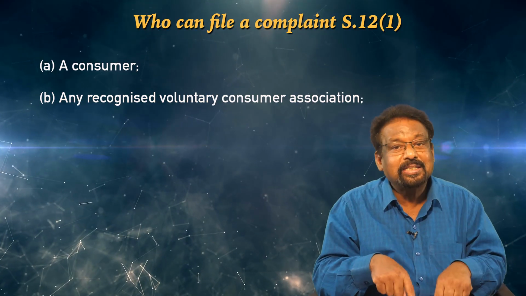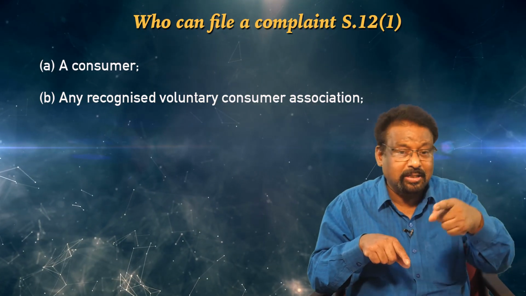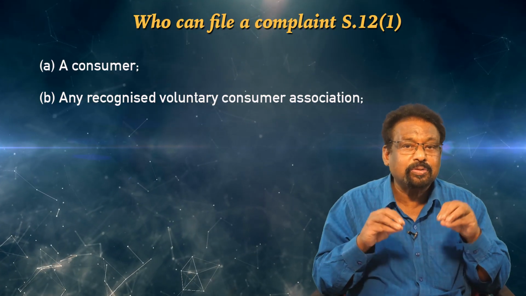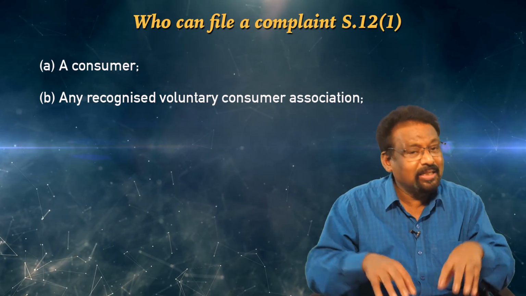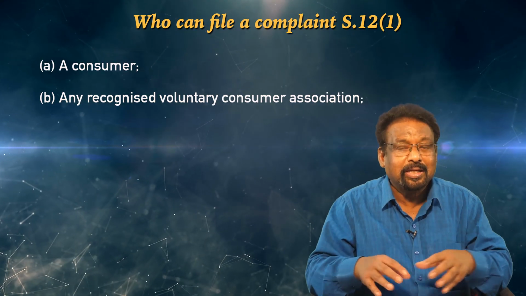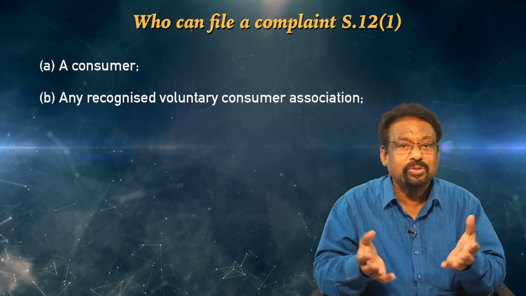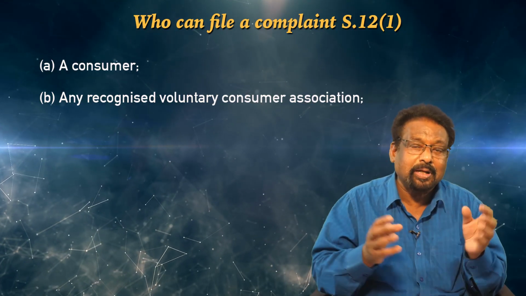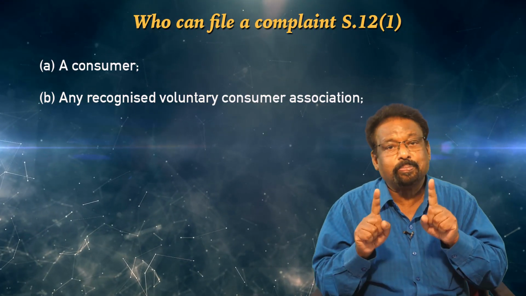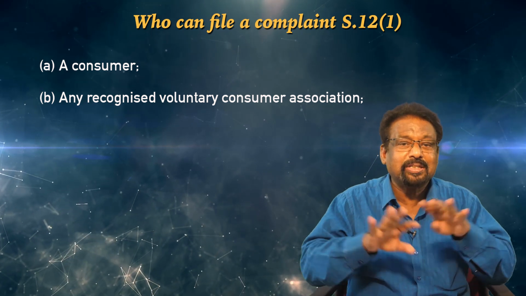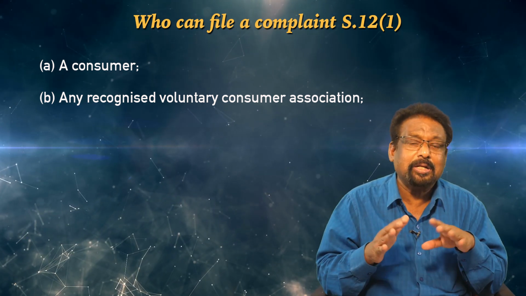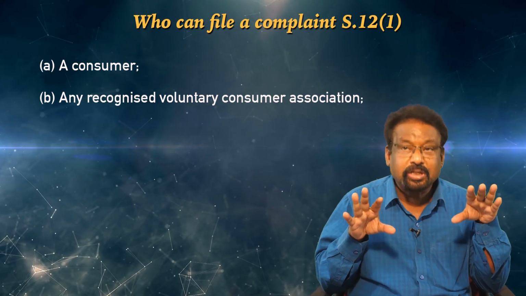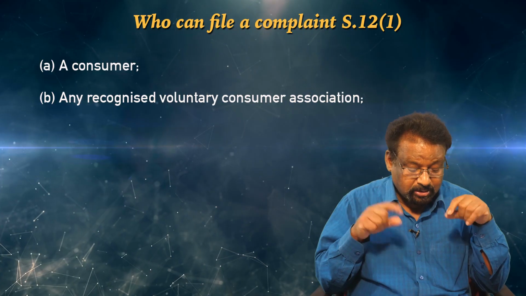Is it necessary for each and every one to go before the consumer court? Let us say 100 members paid the money. It is not necessary for the 100 members to file individual cases. They can come together and form an association. Then all the 100 people can place their grievances by one petition only. This is to avoid unnecessary filing of complaints before the consumer court. Therefore, a voluntary consumer association can file a case also.